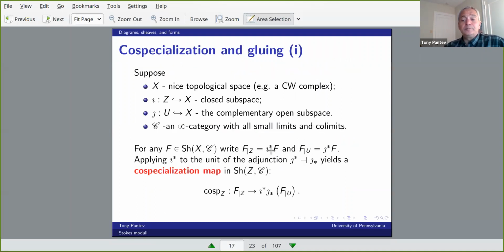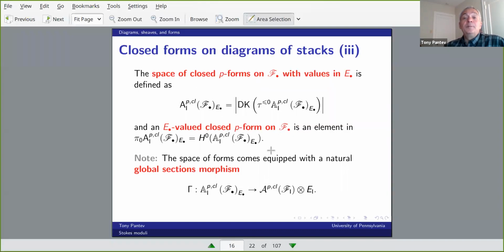And this space of forms on the diagram with values in E is defined as the cohomology of this complex, or it's slightly better to think about it as a space. So you take the Dold-Kan associated to the non-positive truncation of the complex and take its topological realization. And so an E-valued p-form on F is just a path in that space. So it's a degree 0 cocycle in the total complex.